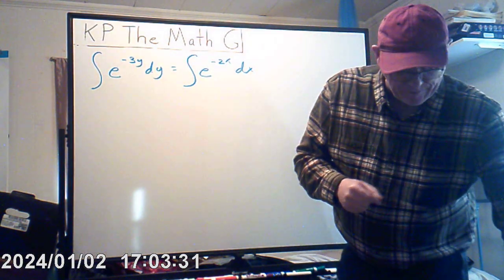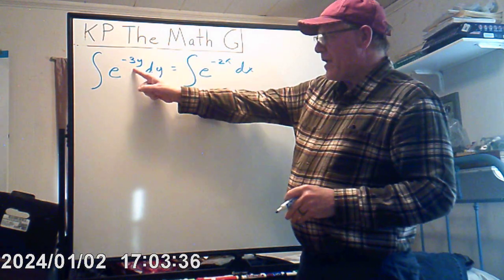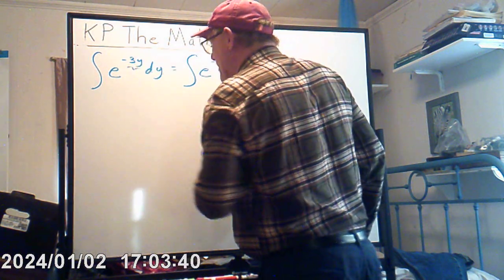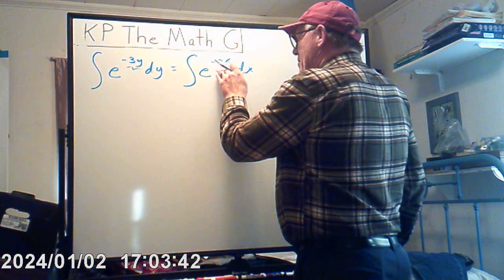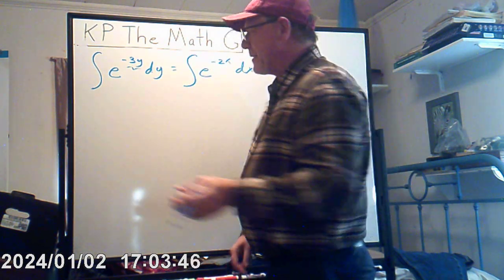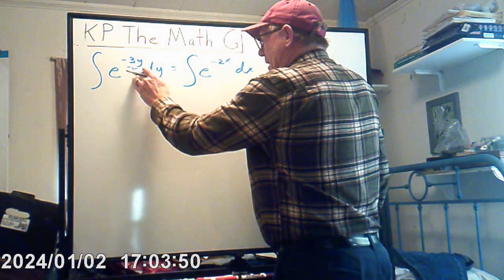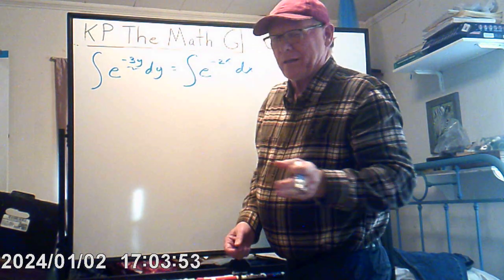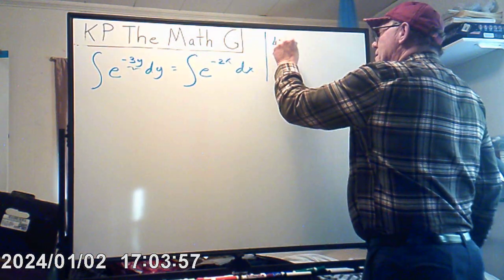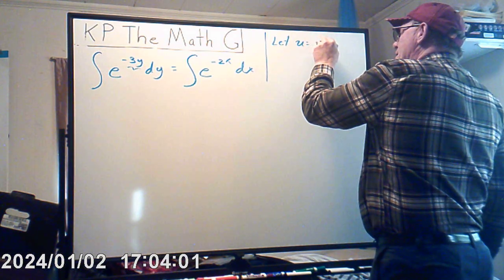Now, let's let u be this. I'm not going to put u on this side either, although you probably could. I got two different variables, that's what I'm saying. So over here on the side, let u be equal to negative 3y.